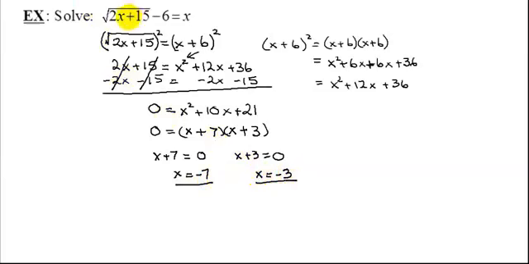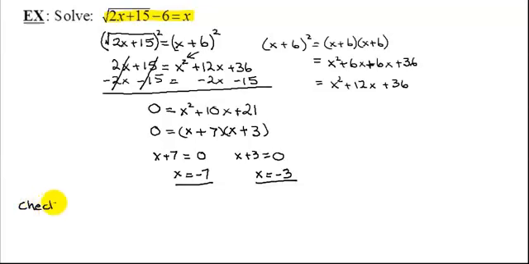But remember, on radical equations, we have to go back and look at our original equation. Notice this is a square root. Square roots can have extraneous solutions. But if the index on the radical was a 3 or a 5 or a 7, any odd number, we do not have to check it. Since this is a square root, we must check our answers for extraneous solutions.